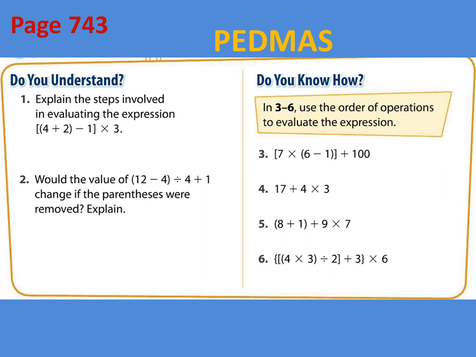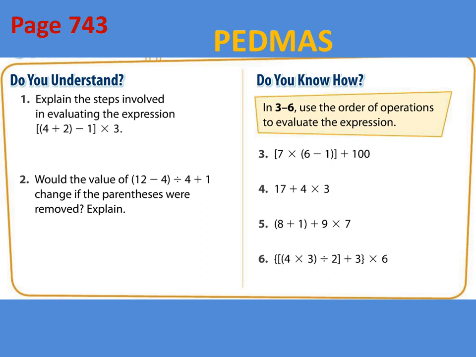So think now. How to think? Of course, we will use PIDMAS, our golden word. The first thing is the operation inside the parentheses, and inside the parentheses we have brackets, so we must jump inside this bracket.